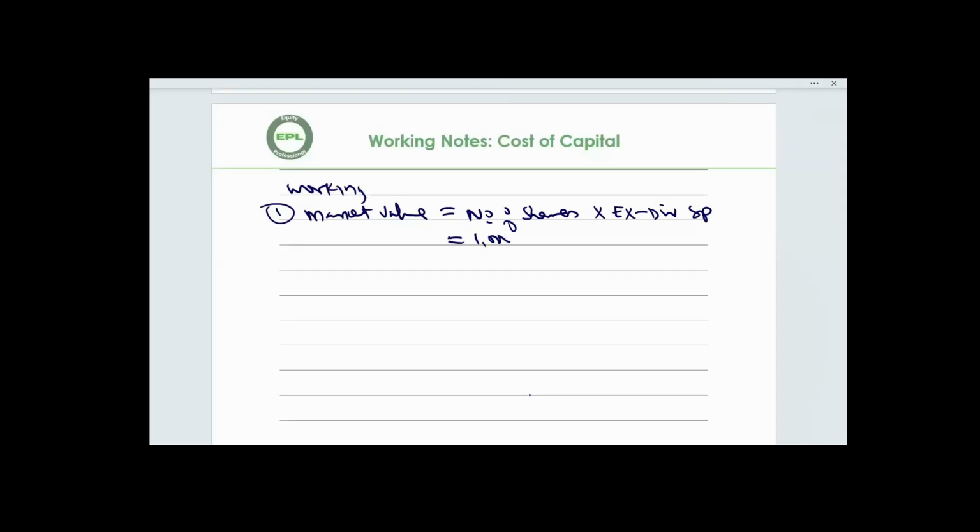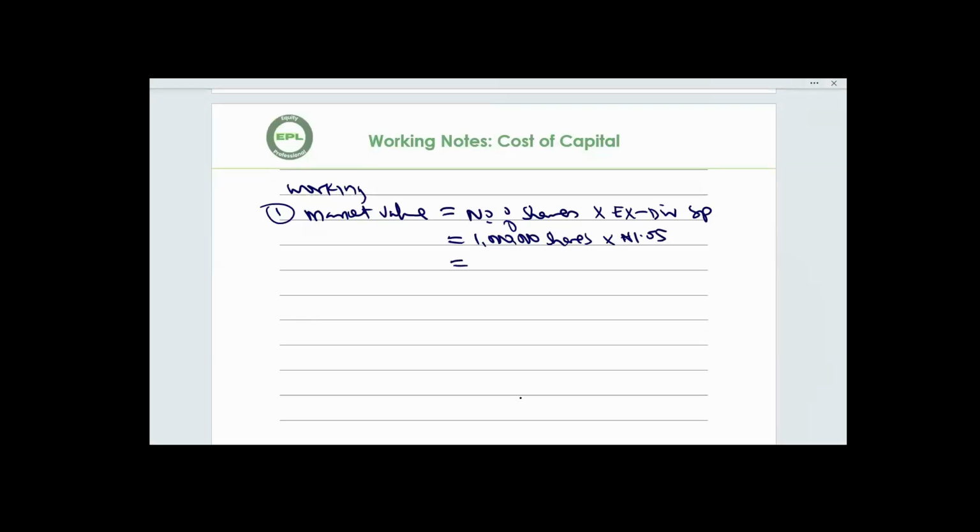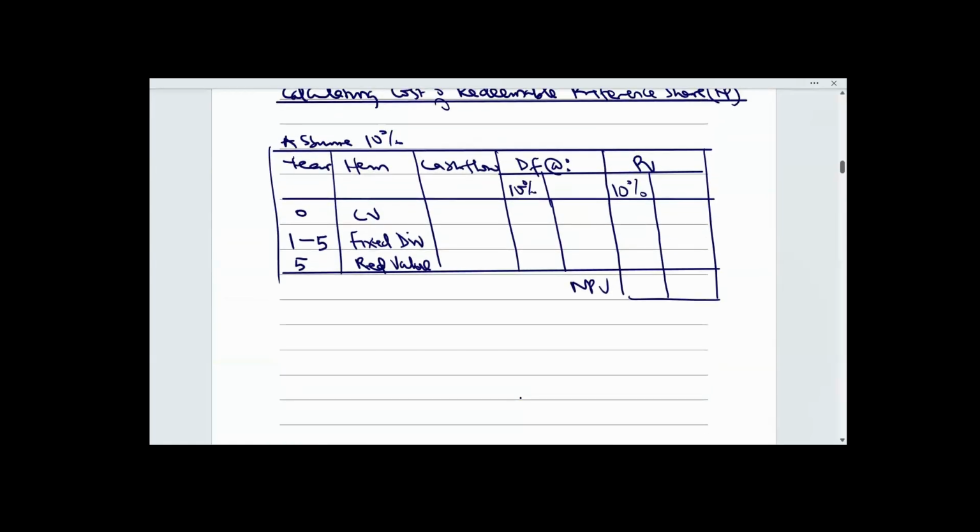Here is 1 million shares multiplied by ex-div. The ex-div share price of the preference share is 1 naira 5 kobo, 1.05. When you multiply with 1 million, that will give us 1,050,000. So I can then come here and put 1,050,000. Here is 1 million and then 50,000. So in year 0, it will always be in bracket.